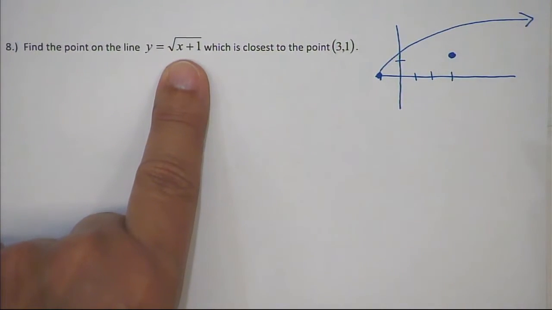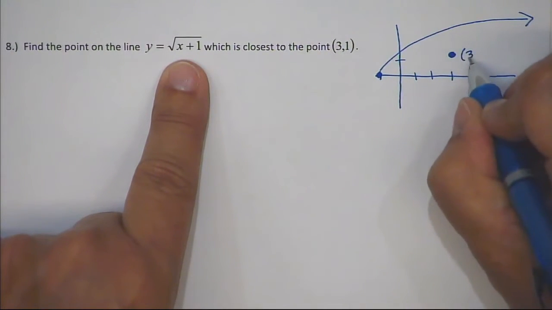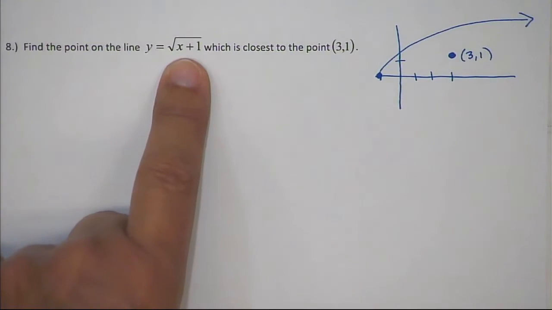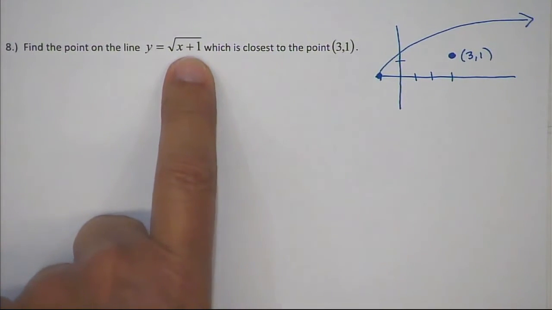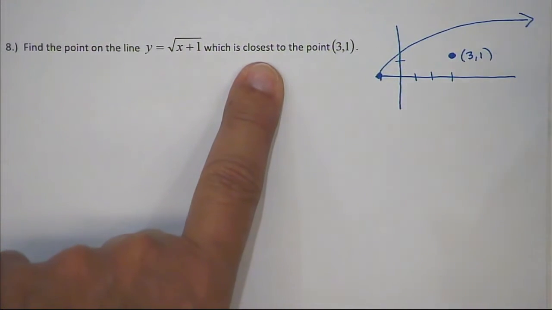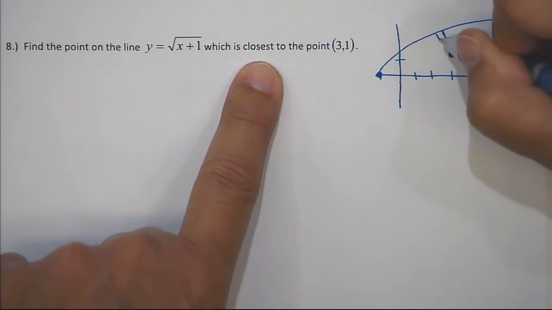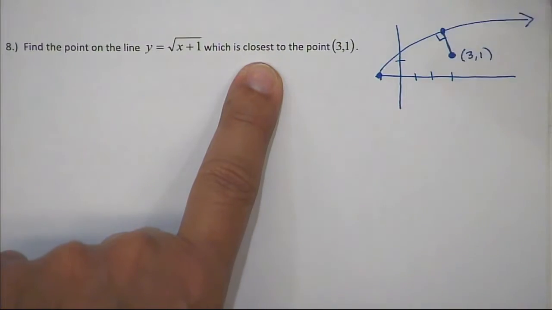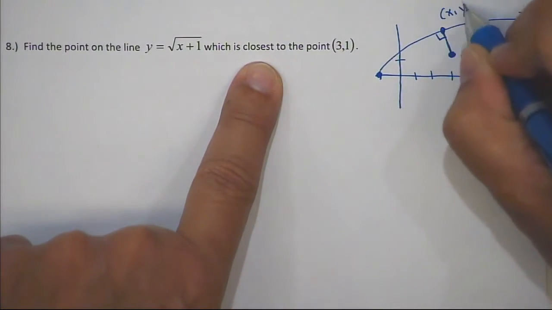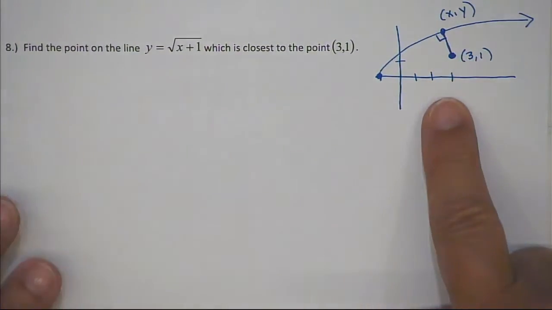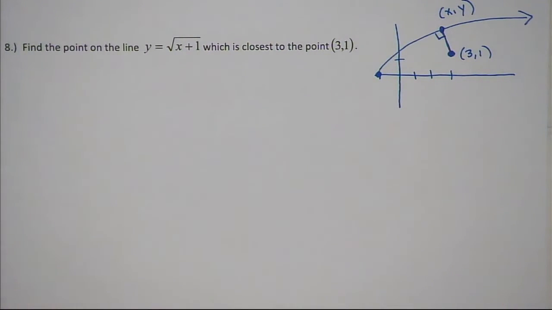And here's 3, 1. Then in geometry, we learned that the point that's closest to another point is perpendicular to it. So if I draw a line perpendicular, that's what I'm looking for. What is that point closest to point 3, 1?